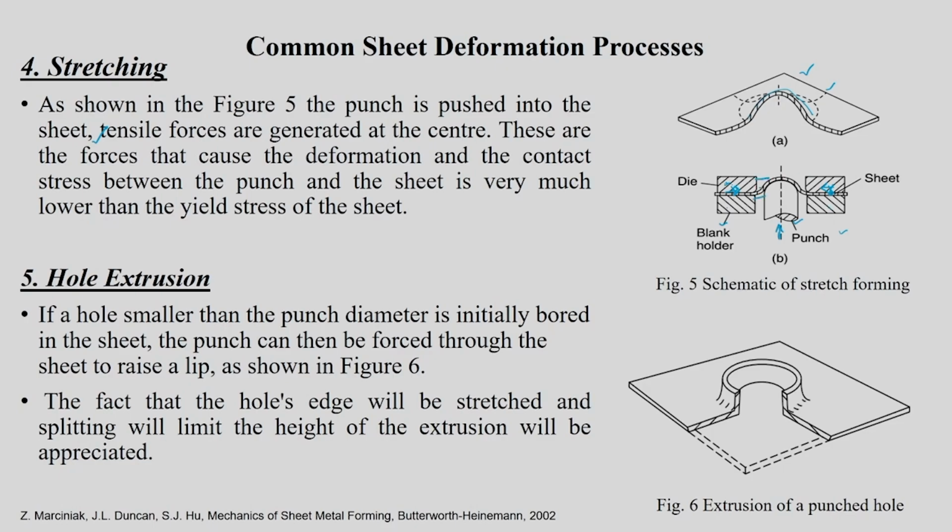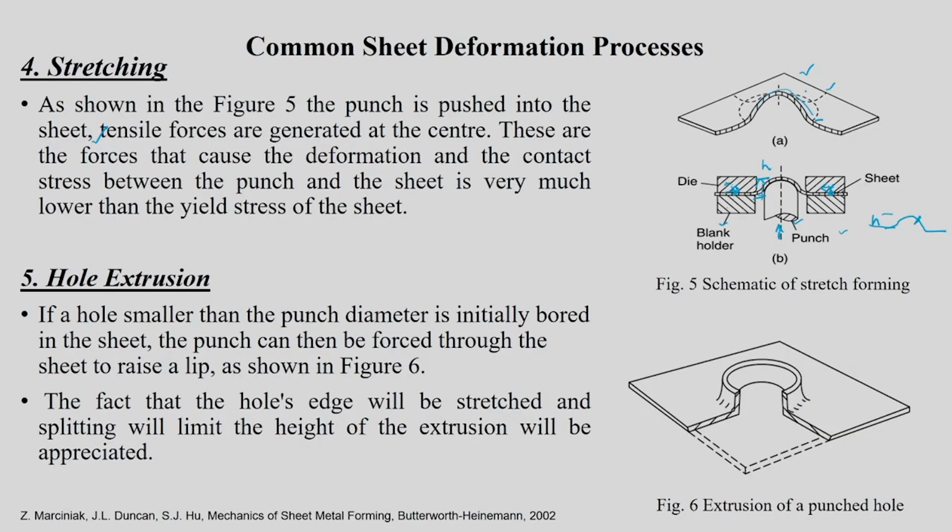Let us say this is the height. For example, what is the height of deformation at which you have a fracture at this location? That can be used as a measure for sheet formability. That can be discussed with respect to this figure as h, the height of forming. More complex details will come in the future, but I am just giving you an idea here.